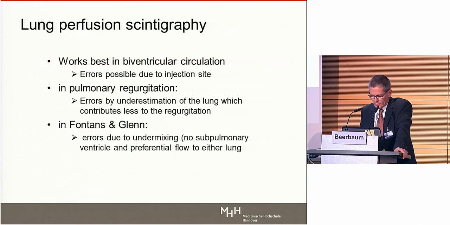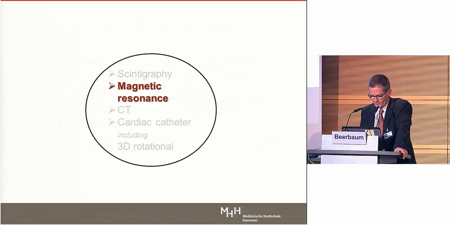So, taken all together, it works best in a biventricular circulation. Errors are possible due to the injection site. They are possible particularly in pulmonary regurgitation if you've got differential regurgitation from both pulmonary branches. And as we've seen in Fontans and Glenns, it's probably an inaccurate technique that should not be used.